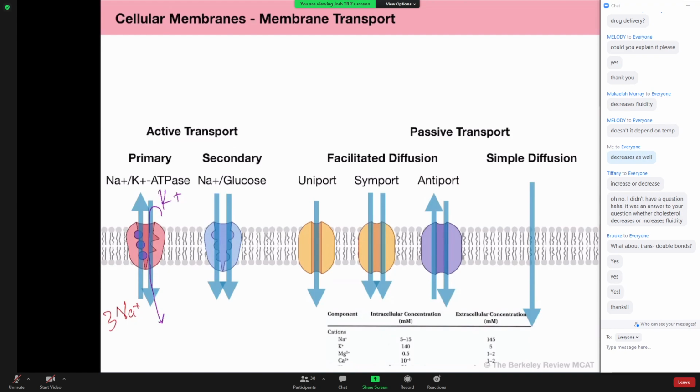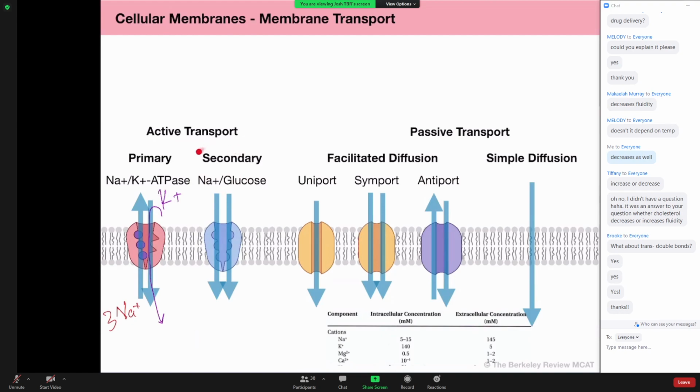Now, secondary active transport. In this exact same example, notice how we're pumping sodium outside of the cell, which is going to give the cell a net negative charge, because for every 2 positive charges you pump in from potassium, you're pumping out 3 positive charges. Which means you're going to create a gradient between sodium on the outside of the cell versus the inside.